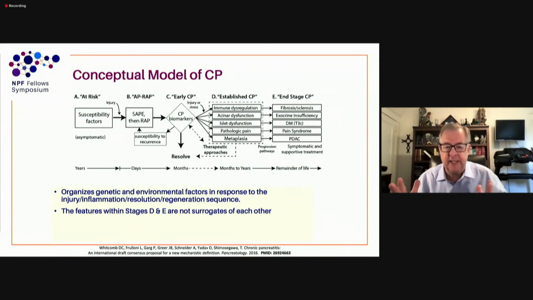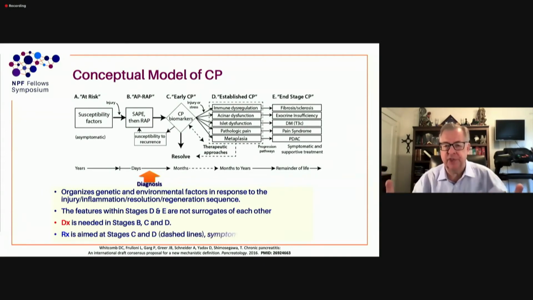We also see that the end stages of CP, such as fibrosis, endocrine insufficiency, diabetes, are not surrogates of each other. If you take one, you're not going to be able to predict whether or not the person has any of the others. So fibrosis does not predict exocrine insufficiency, diabetes, or cancer.